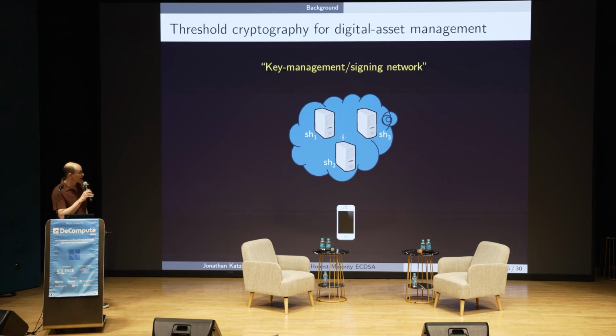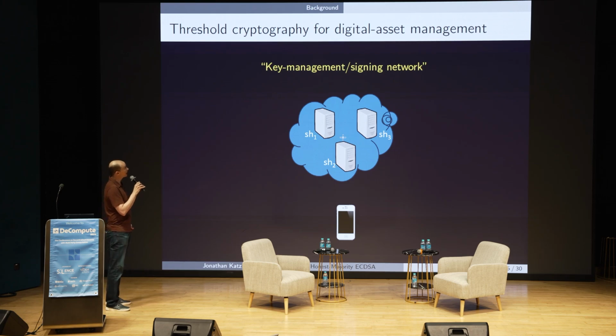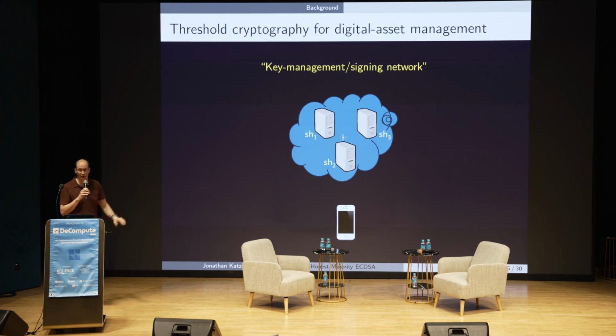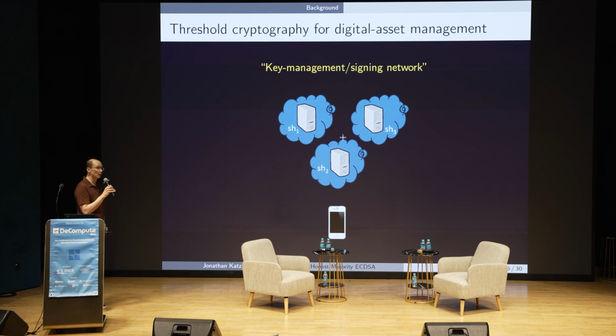And you can contrast that with what I'm calling a key management network or a key signing network, if you like, where basically the user is outsourcing storage of all the shares of their key to some third-party provider or potentially multiple providers as well. So it doesn't have to be only a single provider that's controlling all of the servers holding the shares. You could imagine a scenario where there are multiple providers, each operated by different entities that are holding different shares of the user's key.